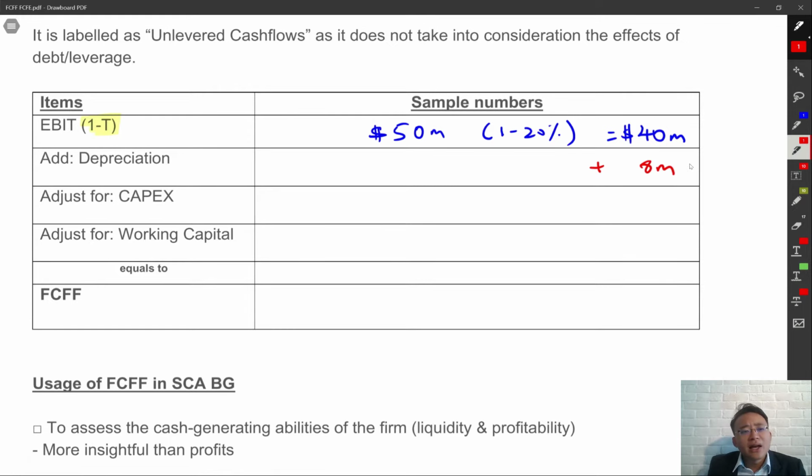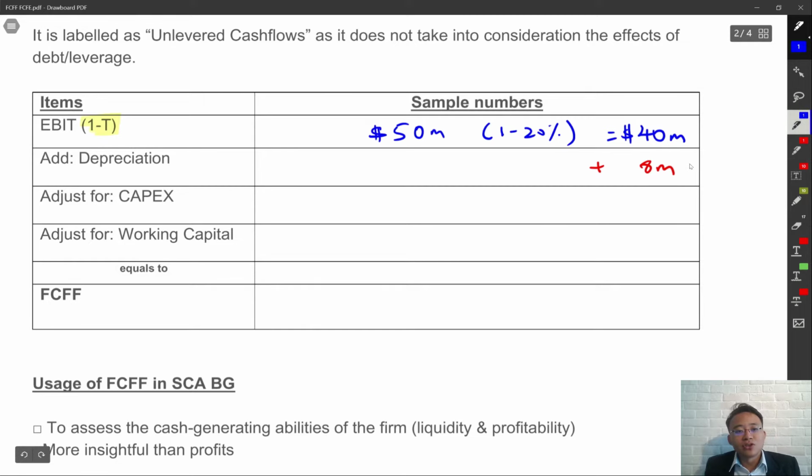Next, I adjust for capital expenditure. Capital expenditure reflects your spending on additional assets. You may be buying another factory, another machine. So it will be your spending on additional assets alongside any money you get from disposals of fixed assets. It is both the buying and the selling that is captured under capex.